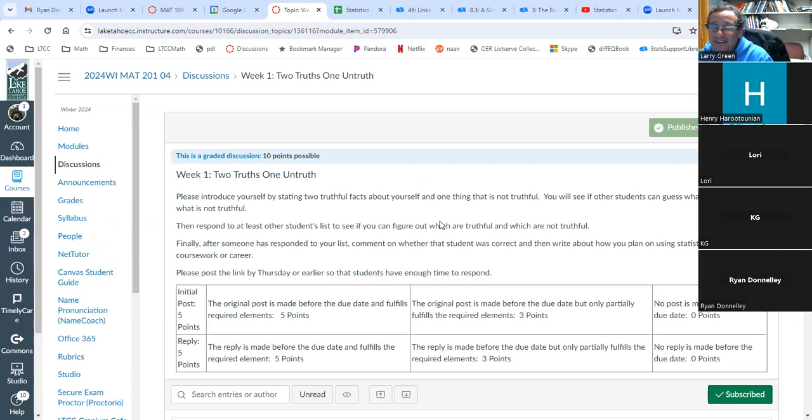Then you're going to see if other students can guess which is truthful and what is not. Then respond to at least 1 student's list to see if you can figure out which are truthful and which are not. By the way, this is the one assignment where I recommend guessing everybody's, because it makes everyone happy and it's kind of fun when you get to know each other.